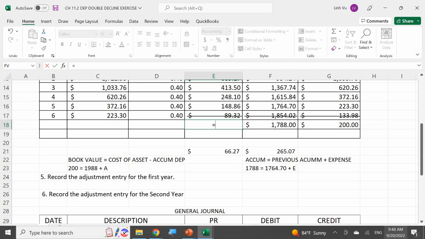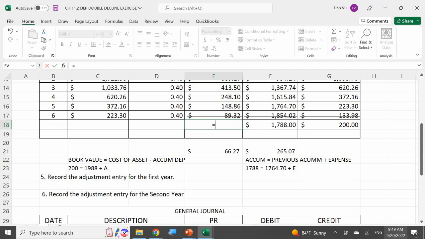If I started out with 1764.70, how much do I need to add to make it equal to 1788? Is it 233?